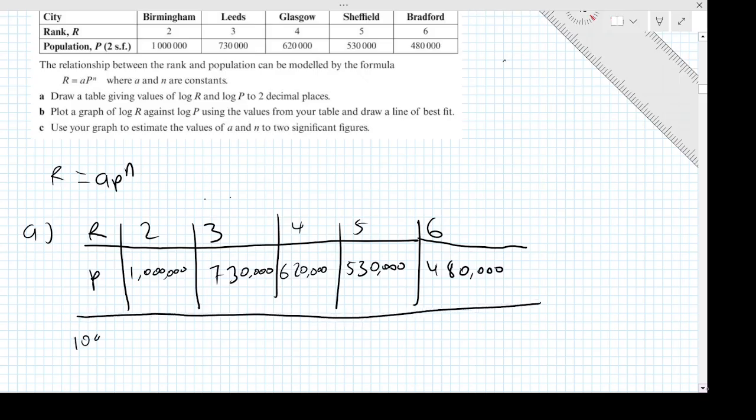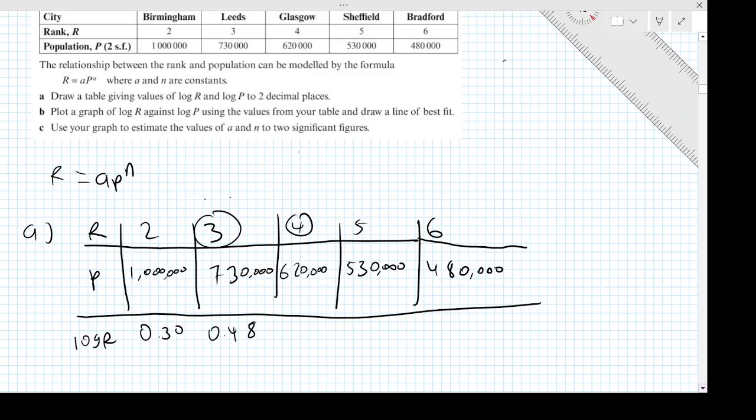Firstly, log R. I'm going to do log 2. Remember, that's log base 10, technically, of the values. So log 10 of 2 is 0.30 to 2 decimal places. Then log 3 would be 0.48.